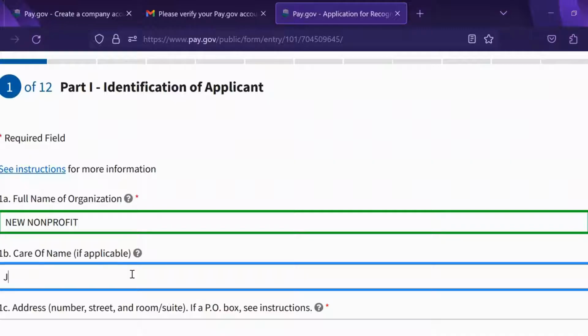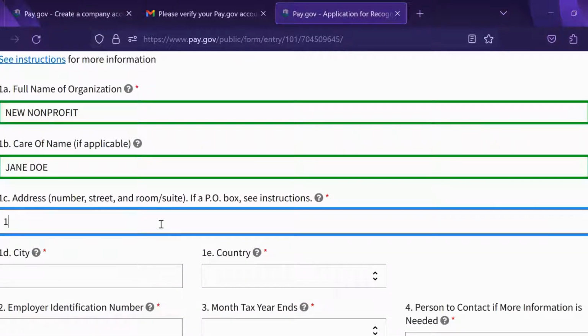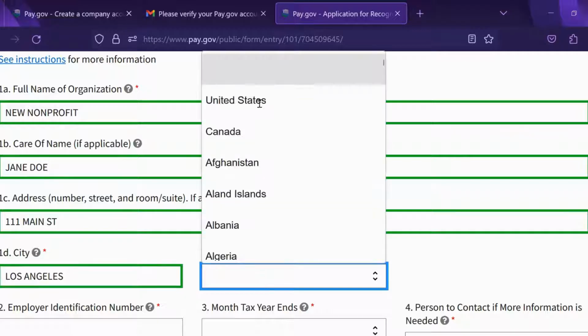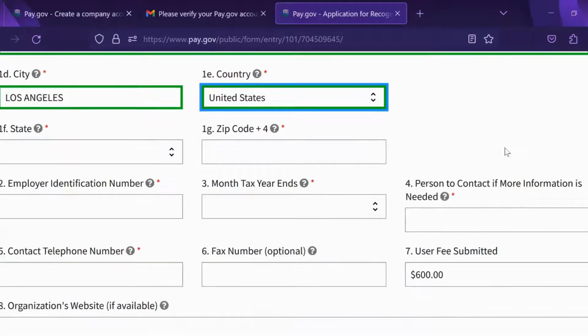She's the person filing this application. Jane Doe, not Joan. And she's using the same address and information from our other applications. Organization is located in Los Angeles, California, and we're in the United States.